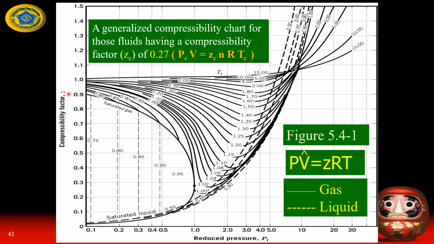If I tell you PR is 3.0 and TR is 1.5, what is the answer for Z? Anybody want to tell me? 0.5 point. Raise your hand. If PR is 3.0 and TR is 1.5, what's the answer for Z? Yes.